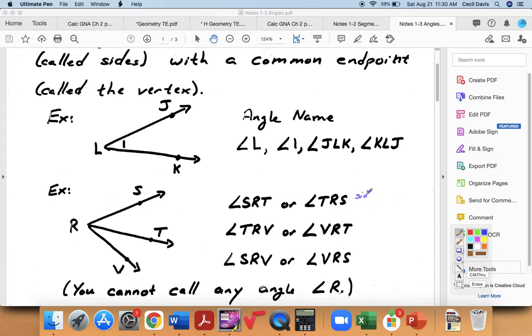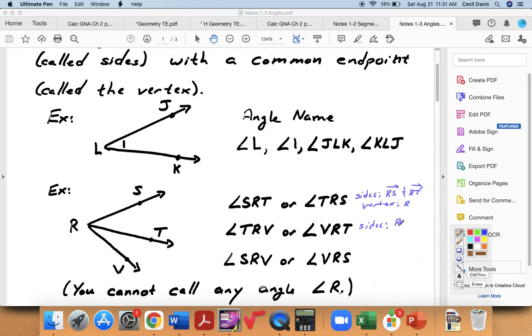The sides of these are RS and RT, and the vertex is R. Again, we start on one side, go to the vertex, and then to the other side. So SRT or TRS.